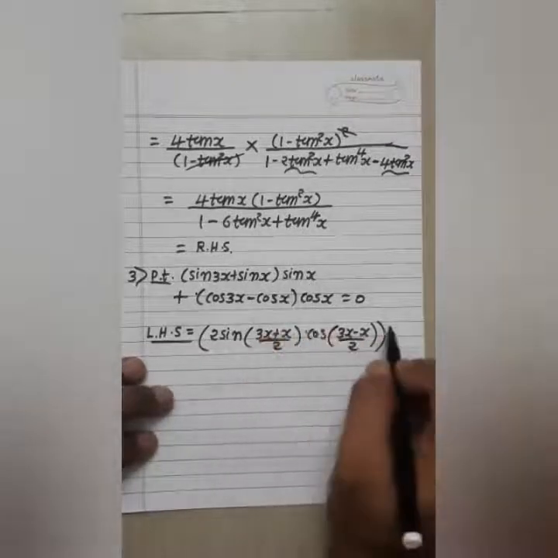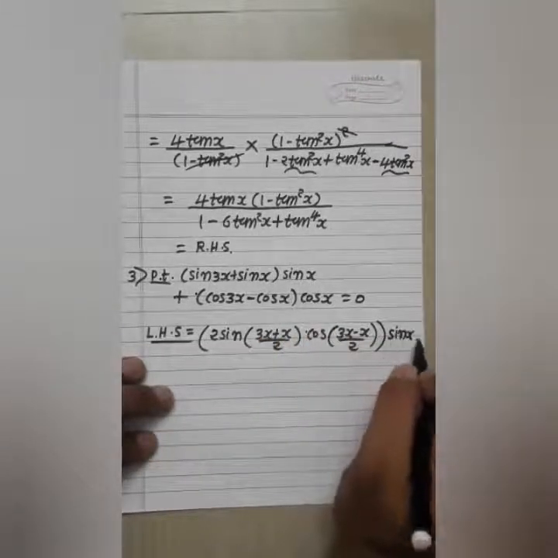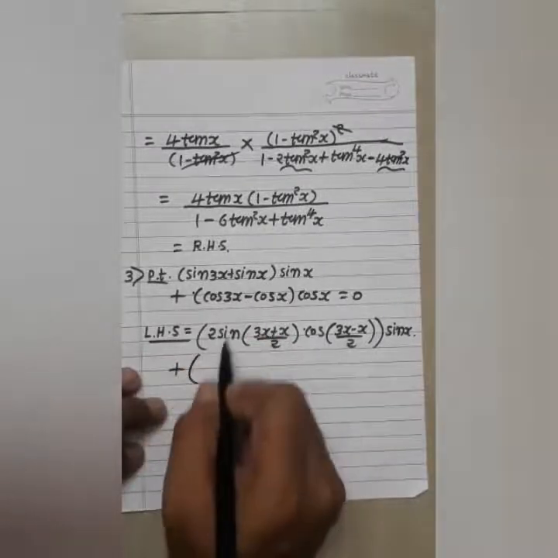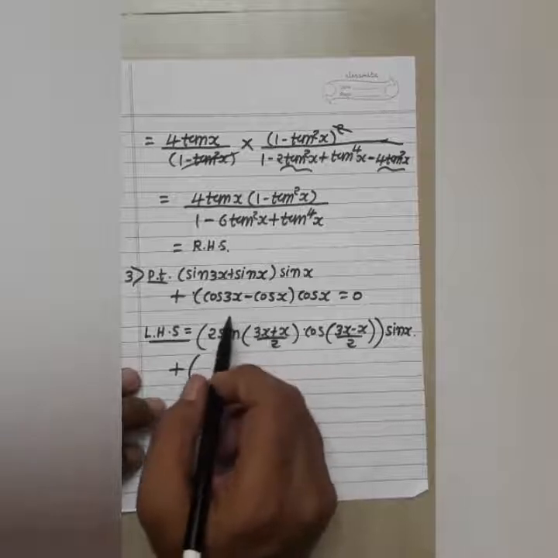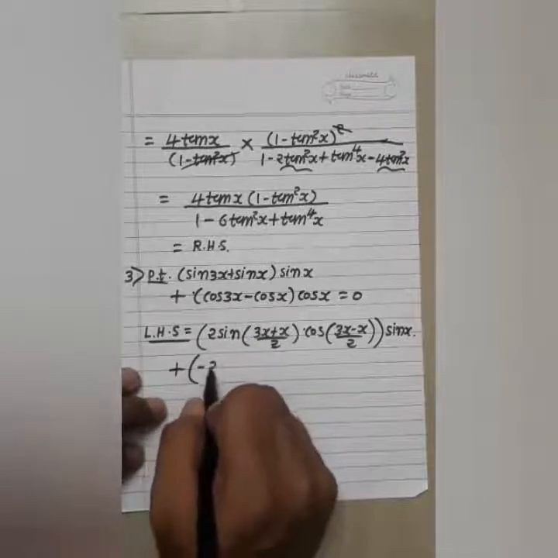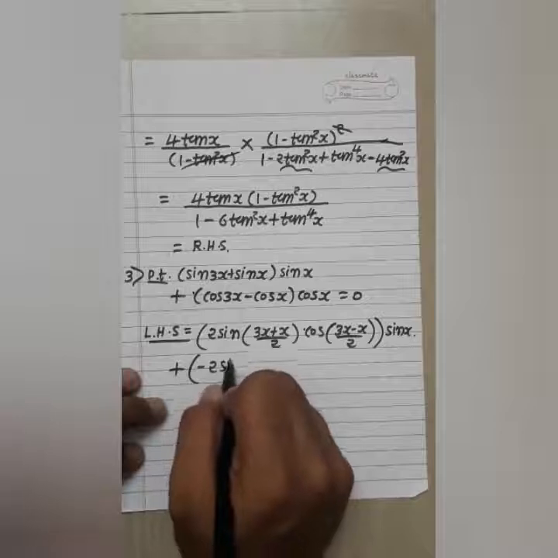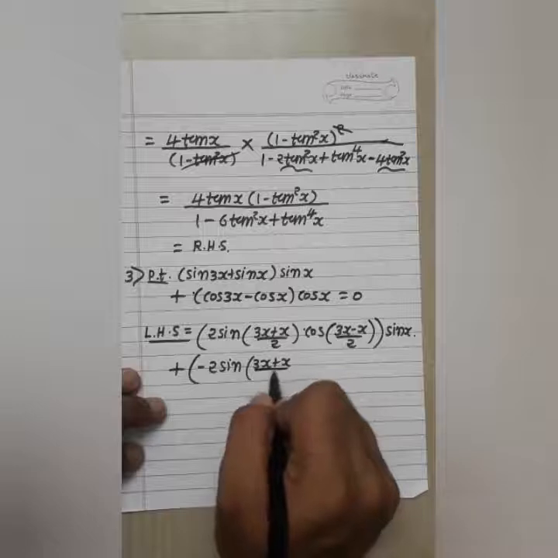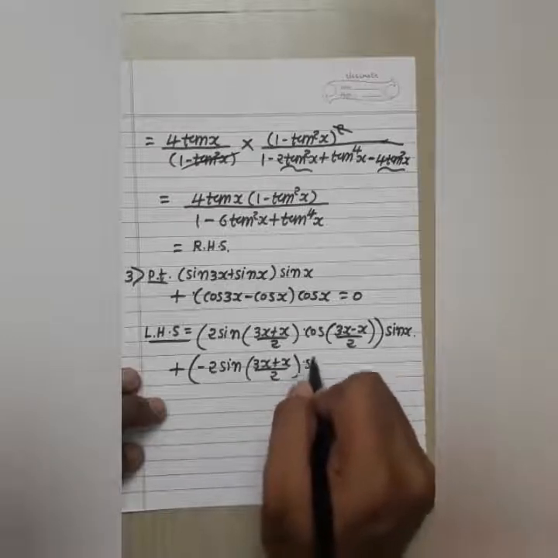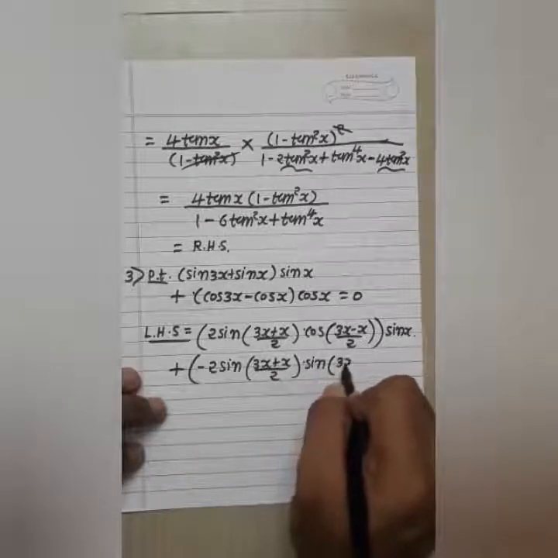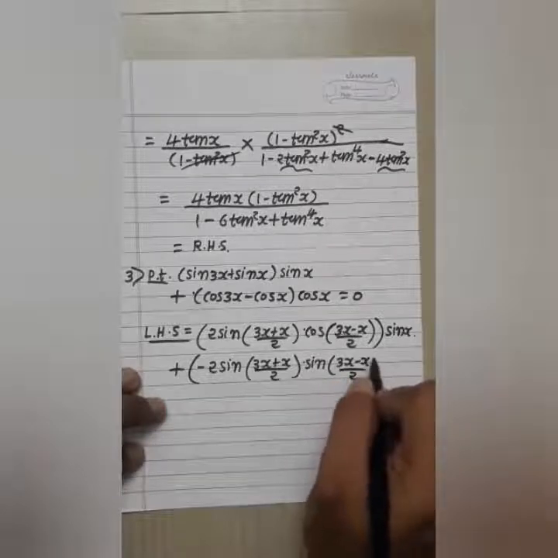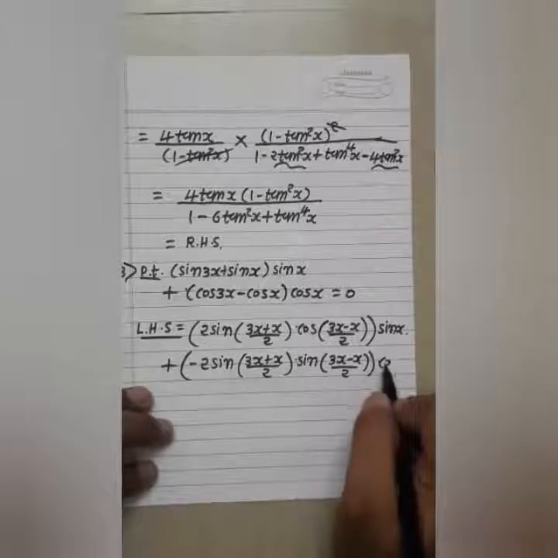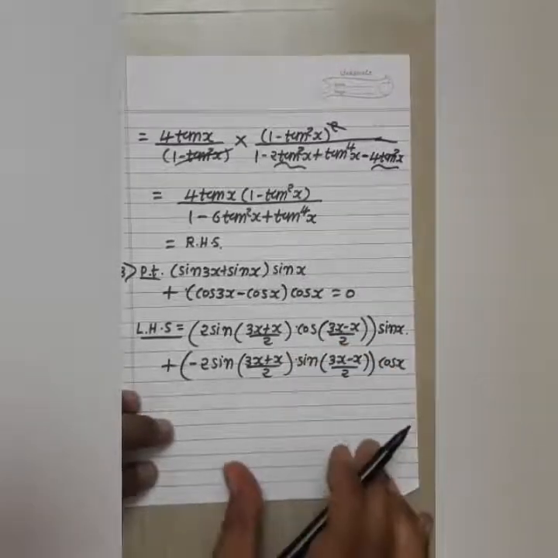Now in the second, cos C minus cos D, that means minus 2 sin C sin D. So here apply the identity: minus 2 times sine into bracket 3x plus x divided by 2 into sine bracket 3x minus x divided by 2, bracket over, whole bracket over cos x.